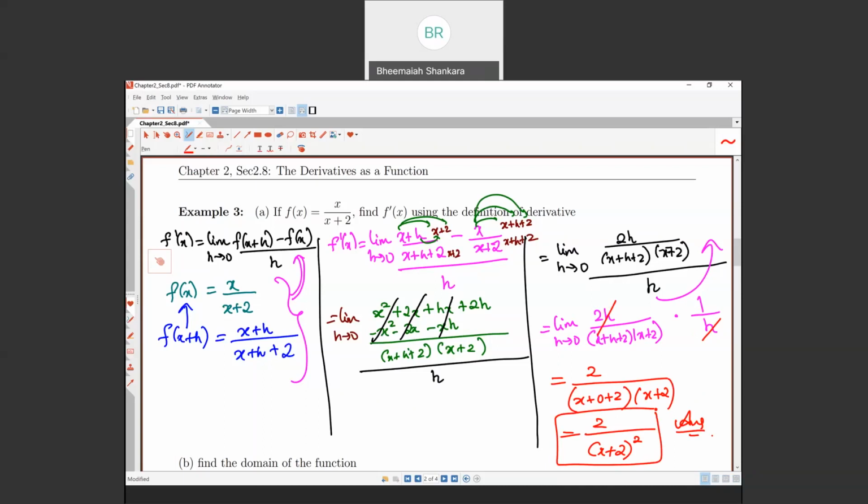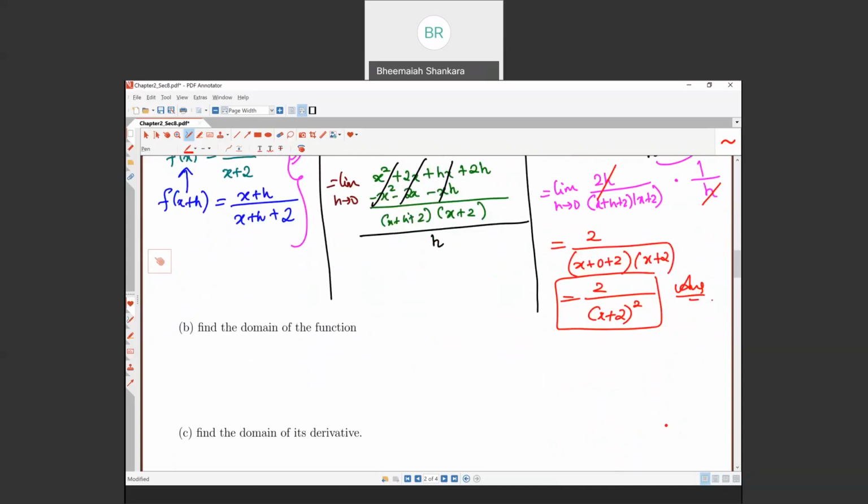In the next part of the question, you are asked to find the domain of the function. So you want to write the function in the problem, f of x is x divided by x plus 2. Whenever you are given a rational expression and you're asked to find the domain, you always start with the denominator term, saying that the denominator term cannot be equal to 0.